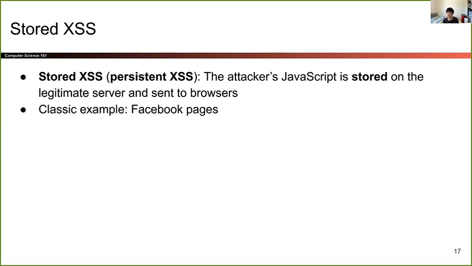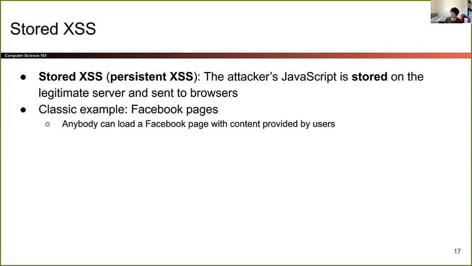So the example that we're using here is something like Facebook pages. Anyone can load a Facebook page. And when you go to facebook.com, you see all of the content that is posted by all of your friends and whatnot. So Facebook has to store content provided by the users, and the users could put in malicious, untrusted input.